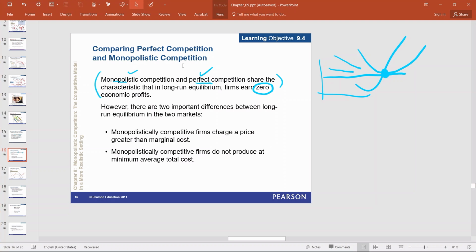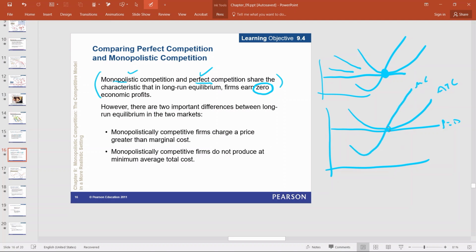But there is one fact we need to mention here, that for perfect competition, price equals demand, and this is average total cost, this is marginal cost.